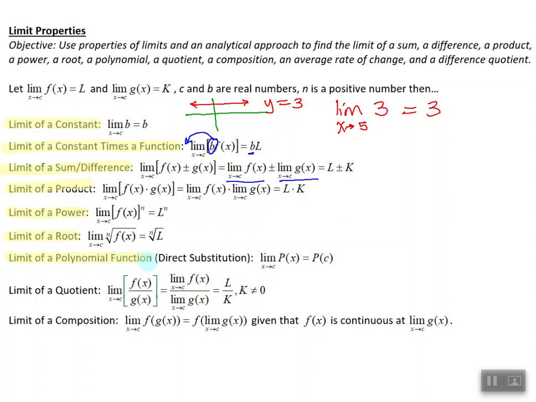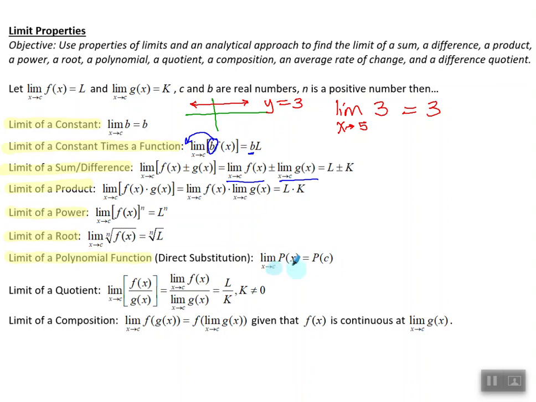And then there's one that's very commonly used, the limit of a polynomial function. I like to think of this as direct substitution. Direct substitution says the limit as x approaches c of a polynomial p of x equals p of c.